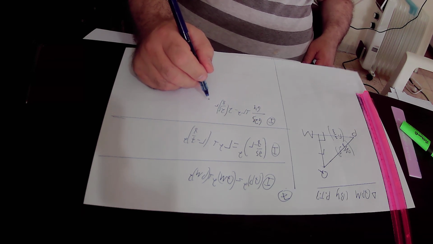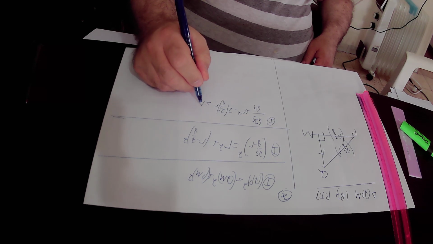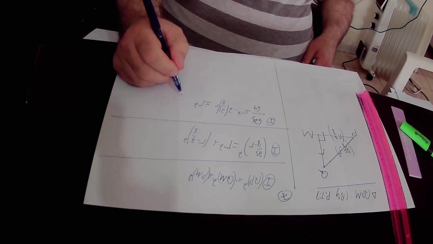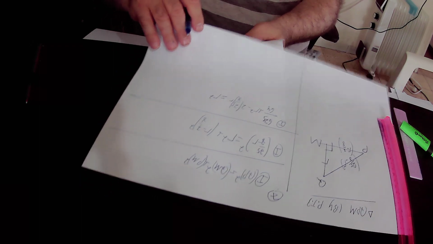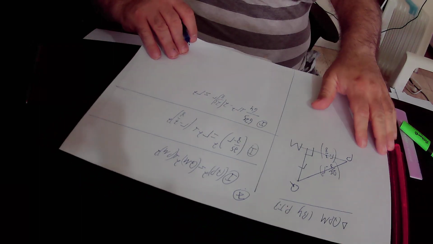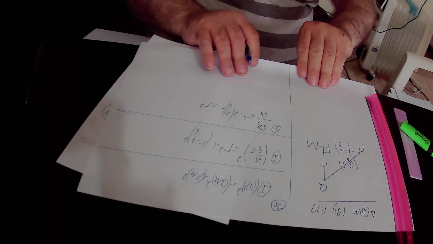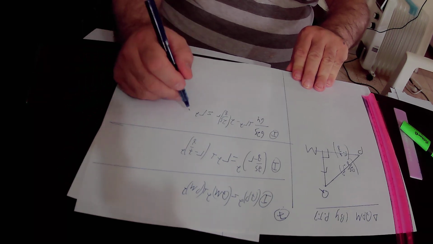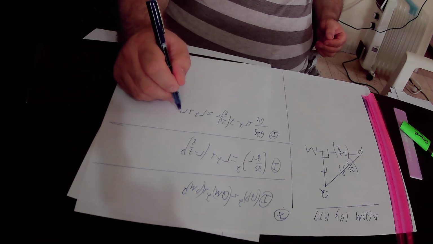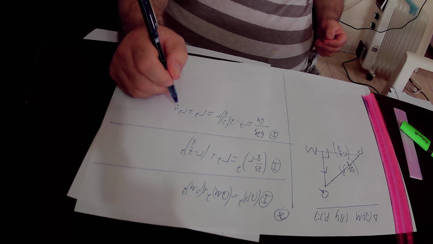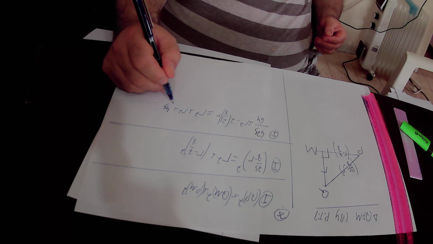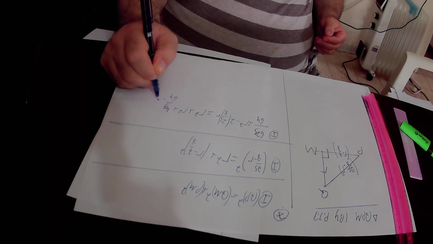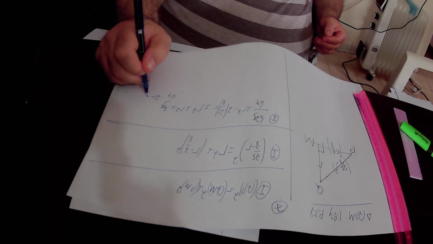And it is equal to (r minus 7/8) squared, which is r squared plus 7 squared, that is 49, over 8 squared, that is 64, minus 2 times r times 7/8.